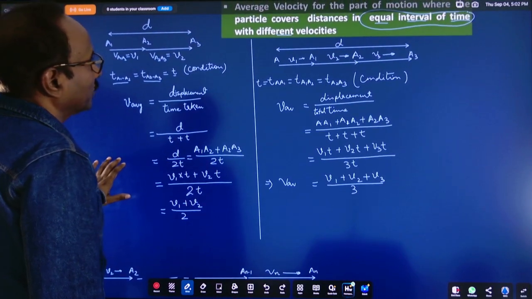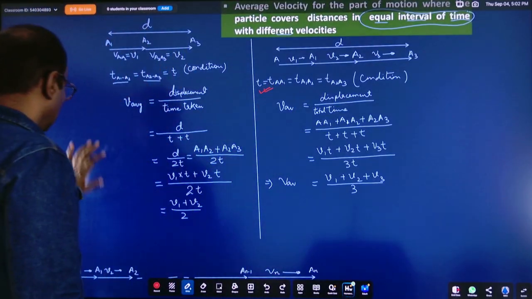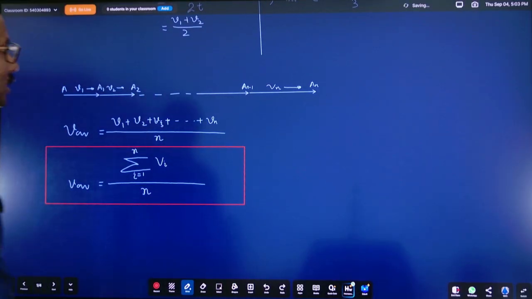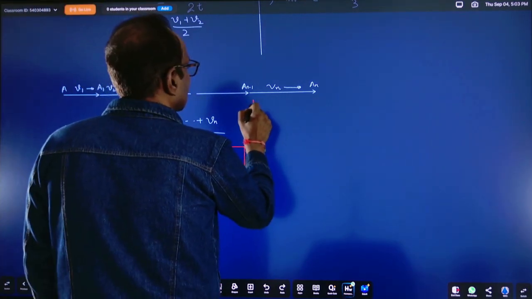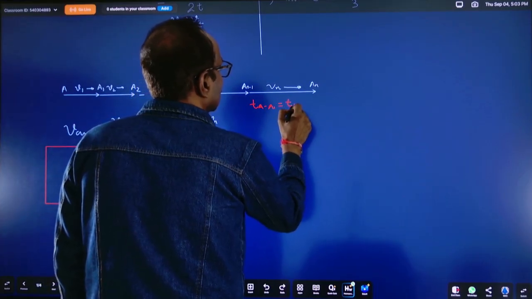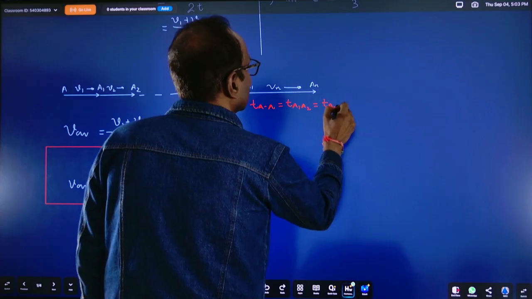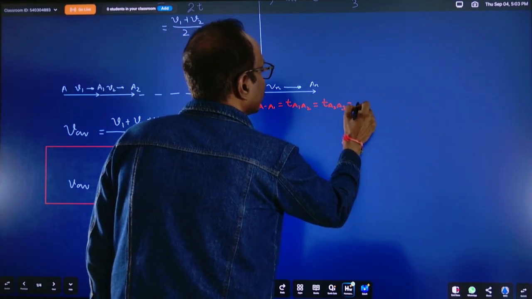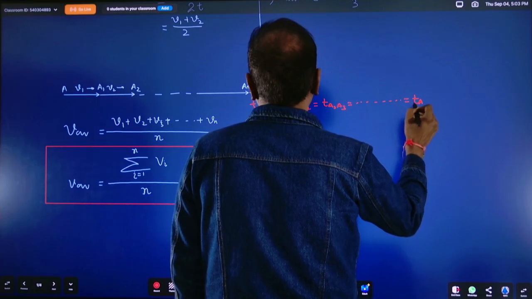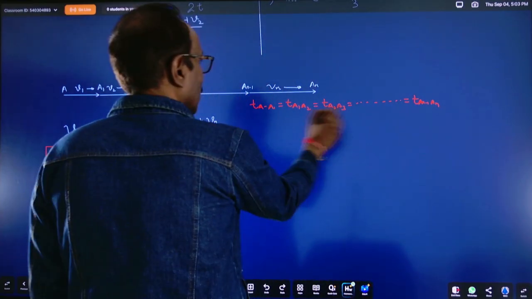So your condition for this is, your condition here should also be T A A1, T A1 A2, T A2 A3, 2 an minus 1 an, same, equal.